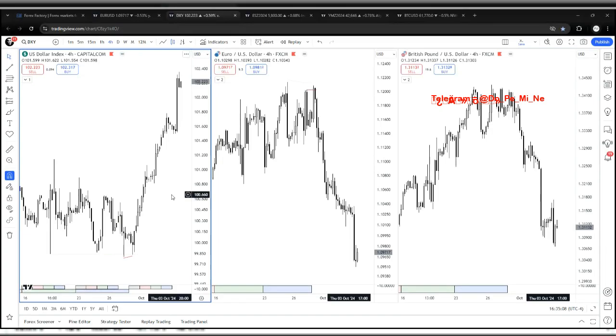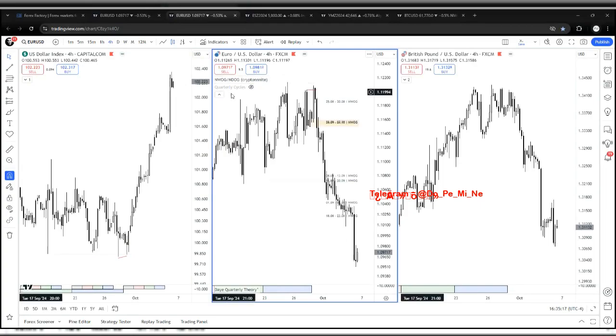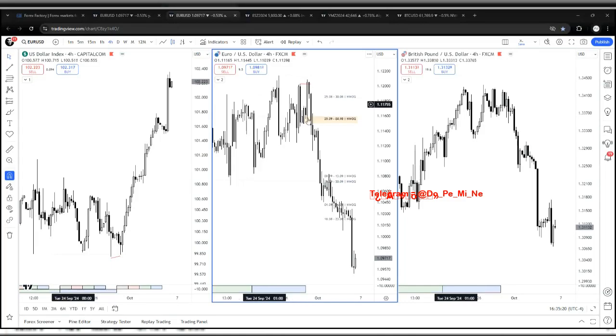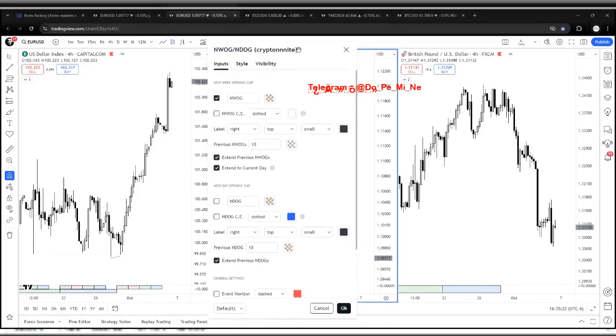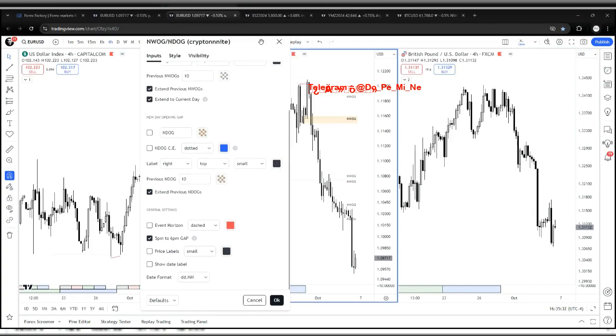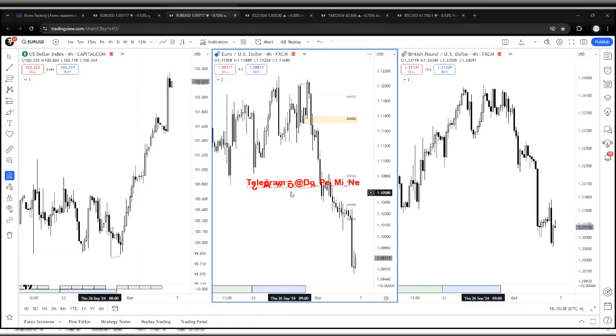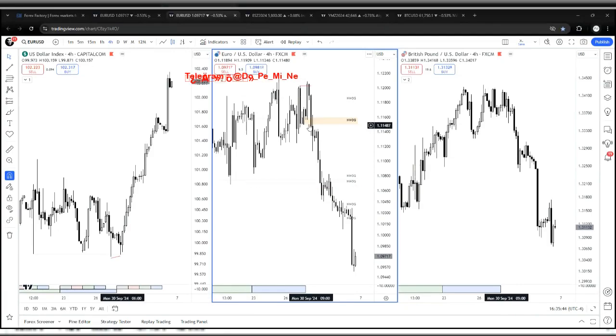So yes, just to go over what we talked about, fair value gap plus new week opening gap. And day, so again, basically this is my settings, if you want to see it. Right, so here you can see that we had price, and we talked about this before, price trading above a new week open gap.